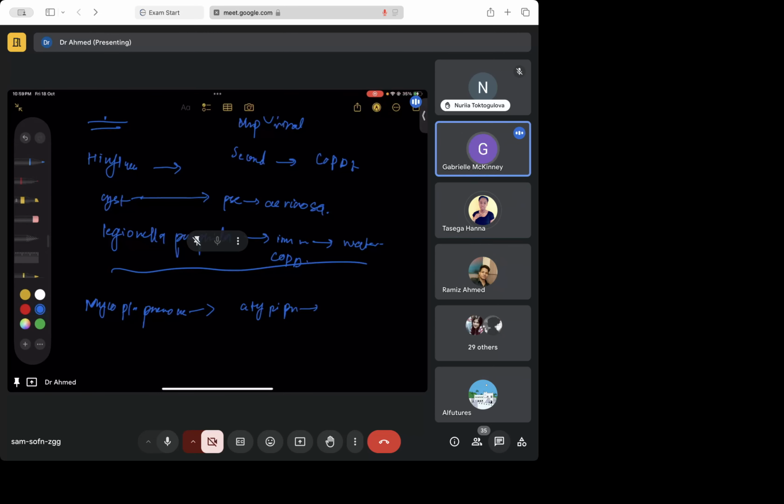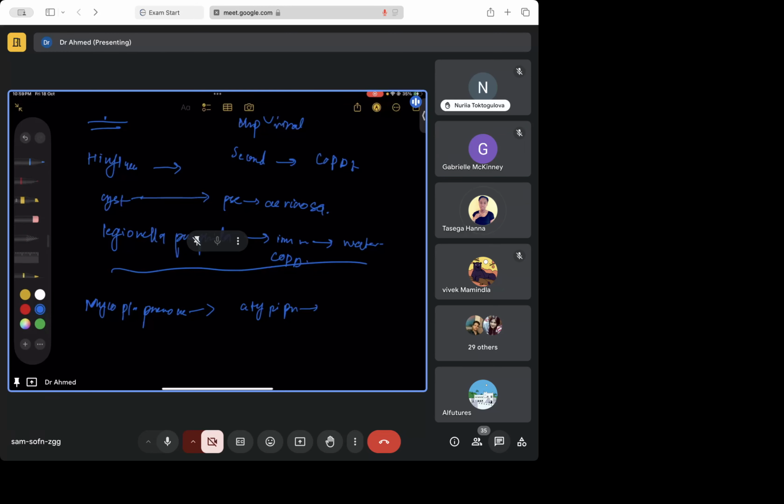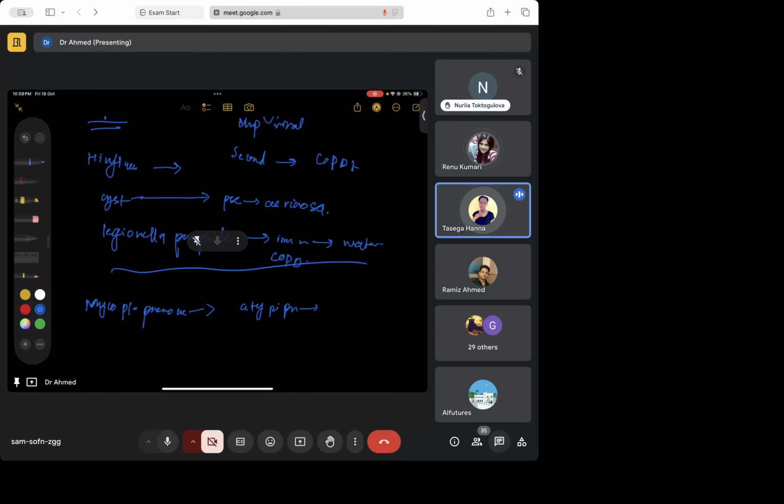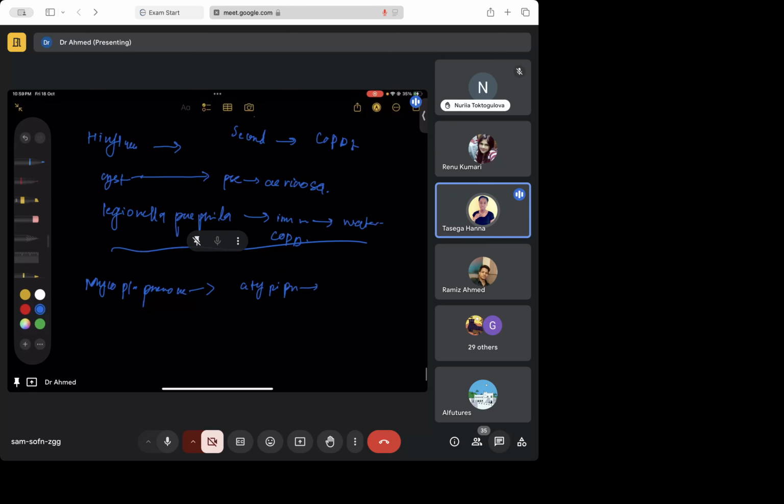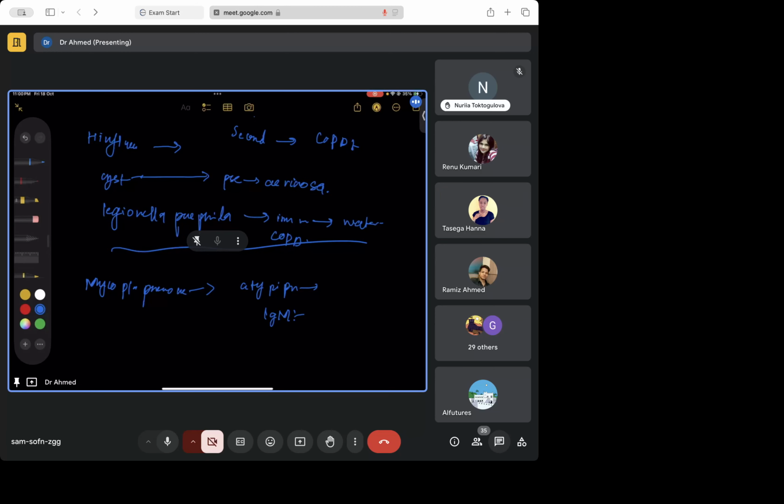Elderly. Yes, military and students who live in dormitories. It's also associated with one of your hemolytic anemias, if you remember. That is warm or cold? Cold, IgM associated.